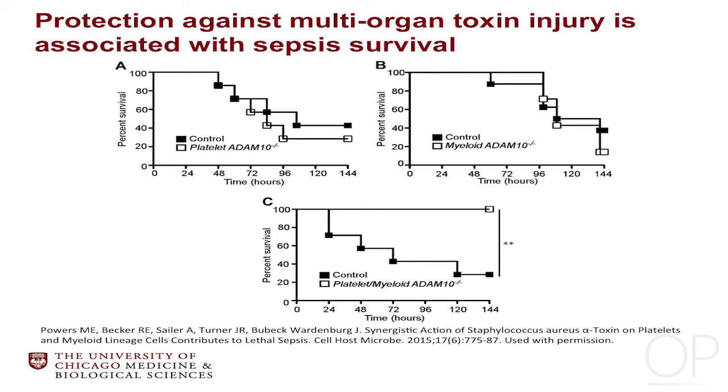However, when we look at double knockout animals that lack expression of ADAM10 on both platelets and myeloid lineage cells, as shown in the bottom panel, these animals are highly protected against lethal sepsis caused by Staph aureus.